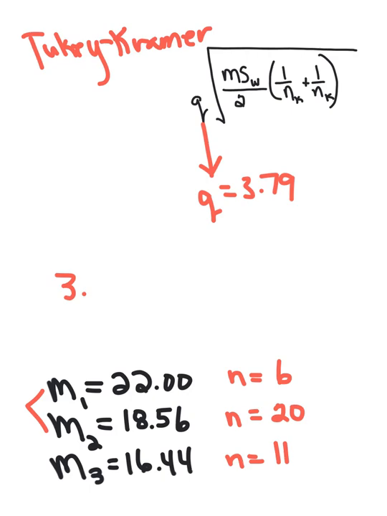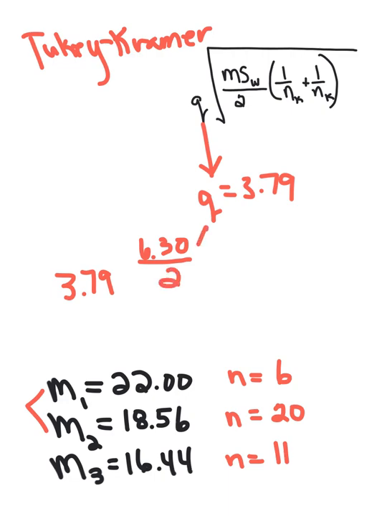So we're going to have 3.79, okay? And then if you remember from your ANOVA table, the mean square within groups, I'm going to look real quick just to make sure, is 6.30. So 6.30 divided by 2, okay?